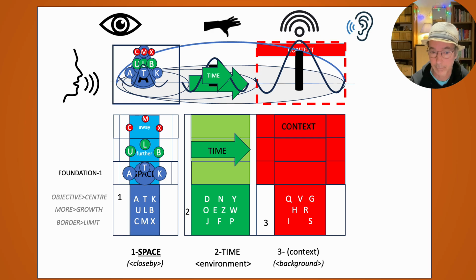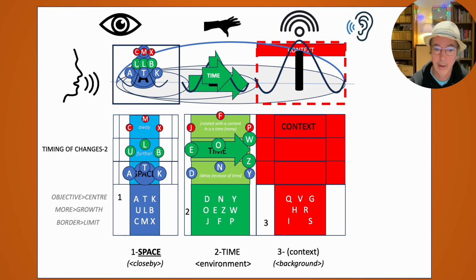We also have focuses in time, and they can be derived like that. You can see how D, N and Y are actually physical orientations, but they are getting a reference frame in time. So that's why we don't immediately see where D is, but we will get to know where it is because we have a time frame.